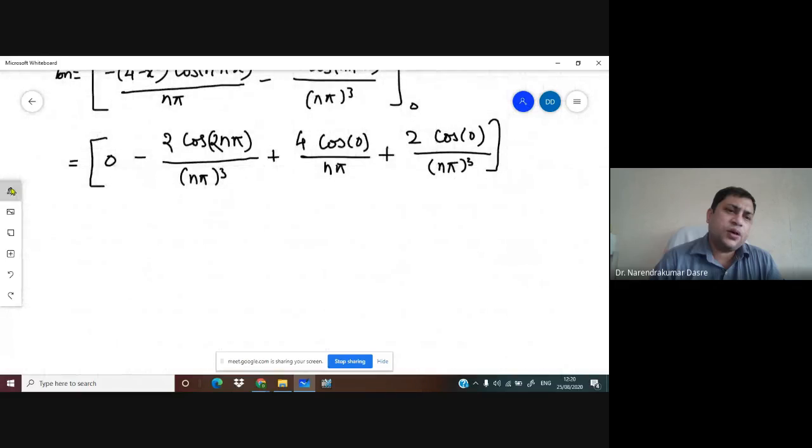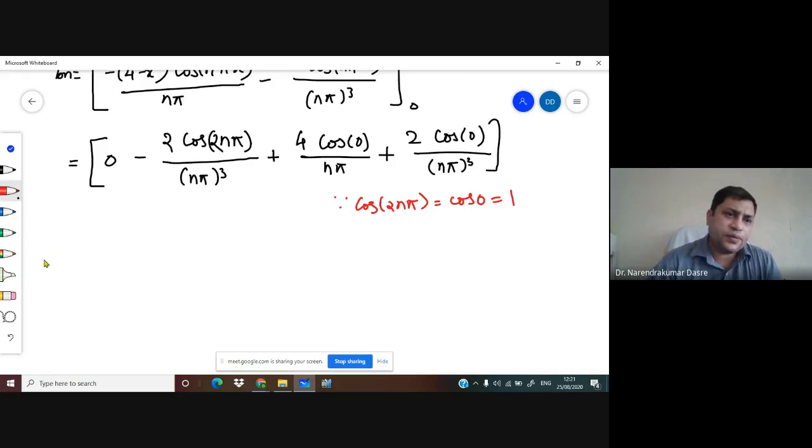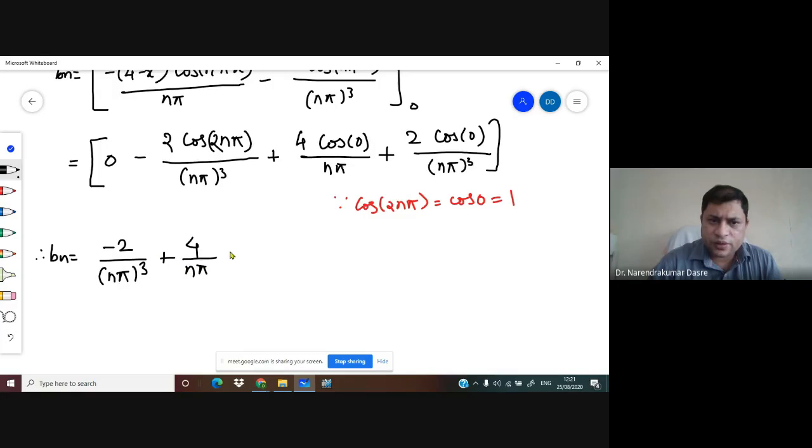And now we know, since cos of 2n pi is equal to cos of 0 is equal to 1. So we can write Bn is equal to minus 2 upon n pi cube plus 4 upon n pi plus 2 upon n pi cube.